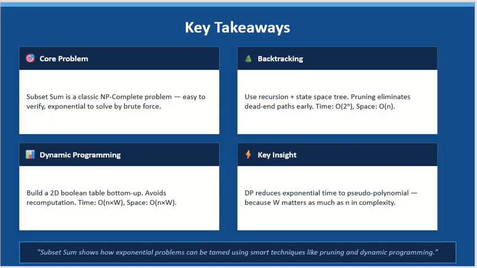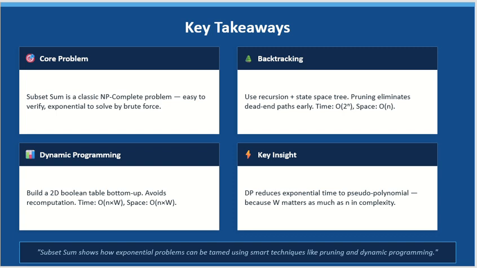Coming to the key takeaways: subset sum is a classic NP complete problem. Backtracking explores all the possibilities, but it is slow, and dynamic programming improves the efficiency by storing the results.